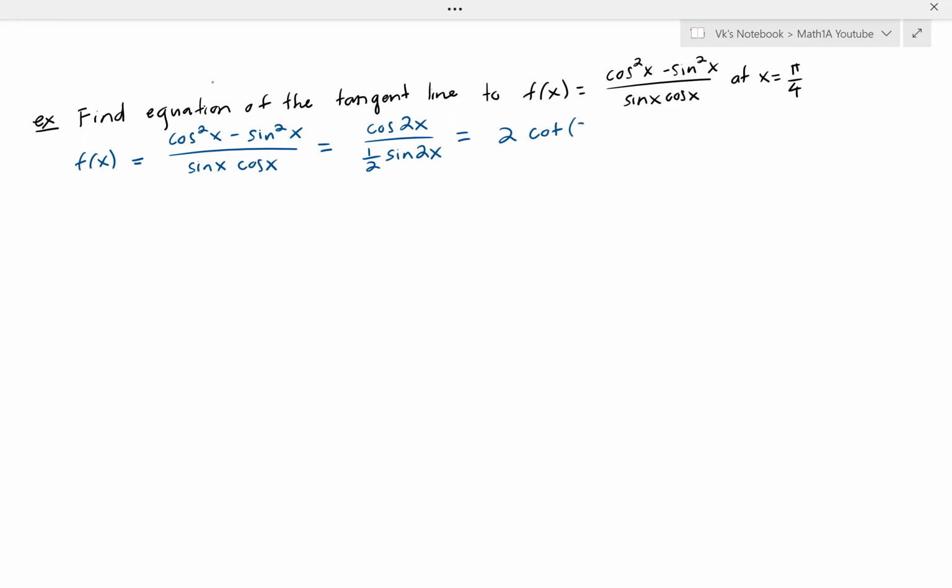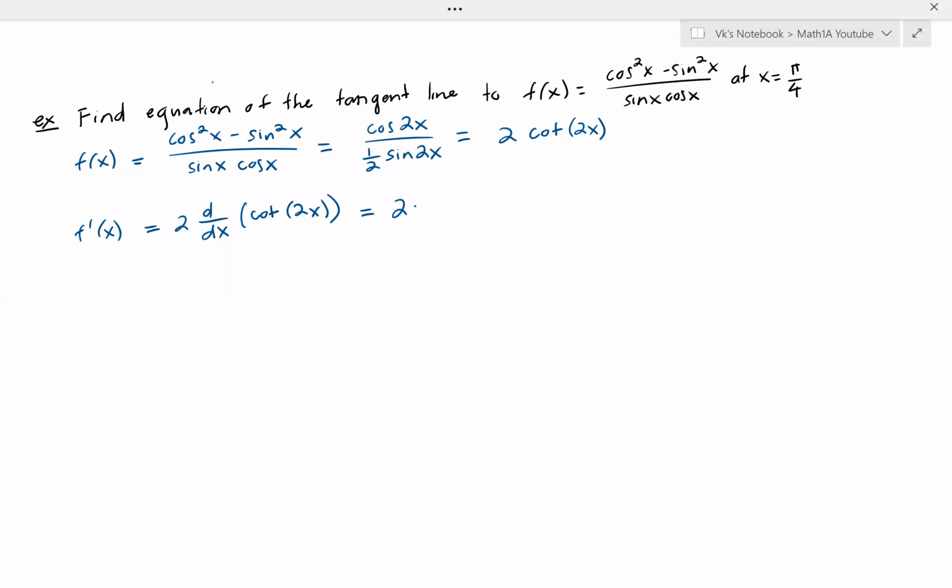And then from here we have 2 cosine over sine, which is cotangent of 2x. f prime of x is 2 times the derivative of cotangent 2x. So we find the derivative using the chain rule: 2 multiplied to the derivative of the outer function.